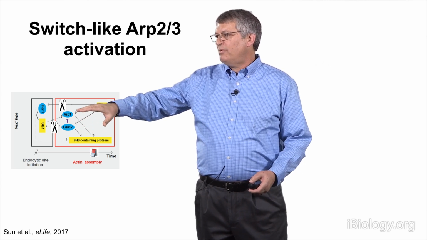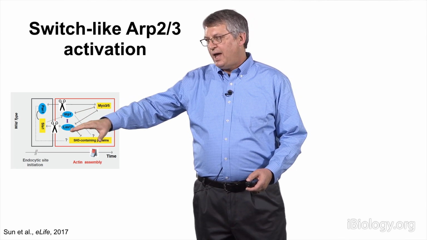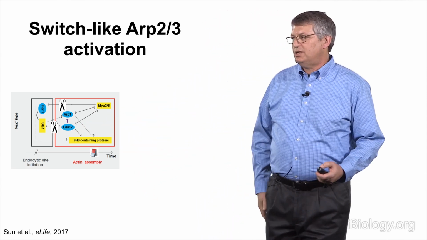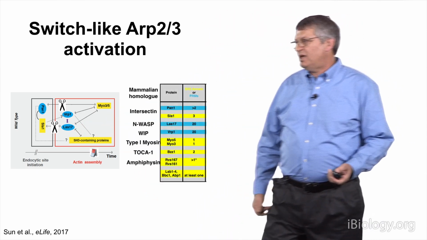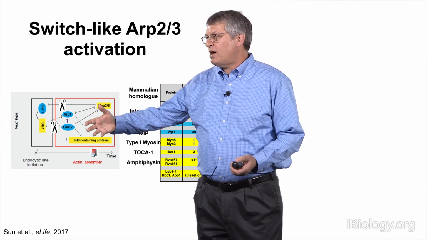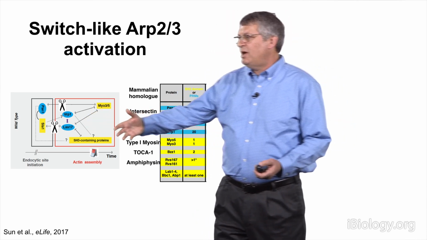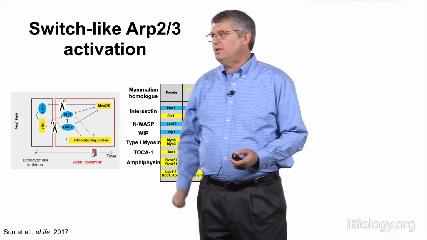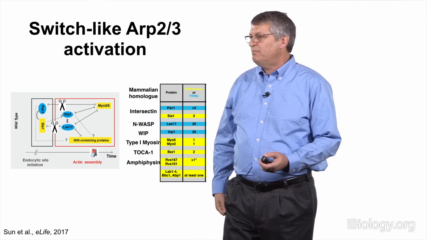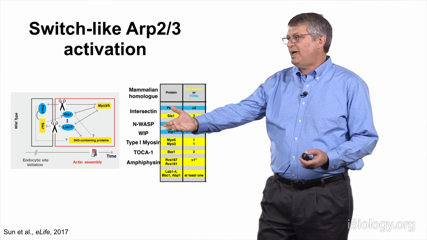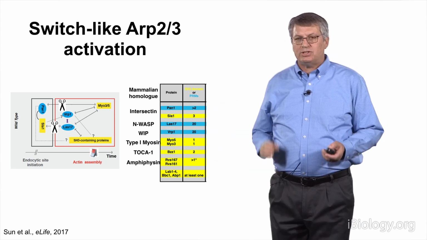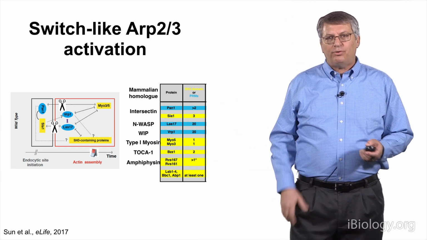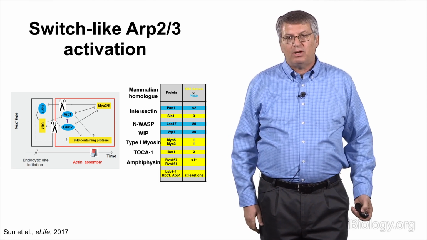And these cuts prevented the type 1 myosin and the Wasp protein from being recruited to endocytic sites. Interestingly, all of these proteins have homologs in mammalian cells, and PAN1 and SLA1, which are responsible for recruiting the actin machinery to endocytic sites in yeast cells, have a homolog called intersectin in mammalian cells. So we think the principles learned from Edie's studies are likely to apply in mammalian cells.